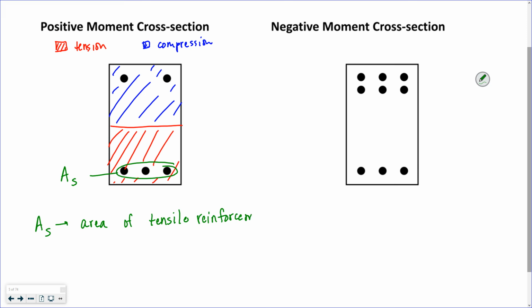So whatever size those 3 rods are, I'm going to find their cross-sectional area and add it together. That's my AS. AS is an area, so that would be in inches squared.